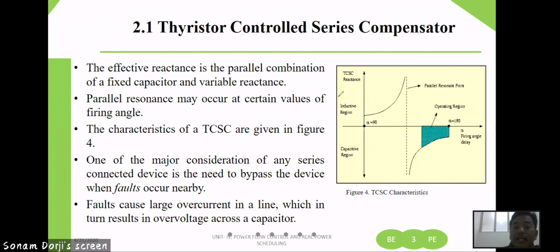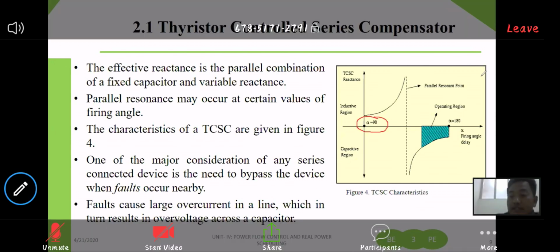When we talk about the thyristor controlled series capacitor, it has a capacitance and then an inductance. In such a case, if you keep on changing the firing angle alpha of a thyristor, then it will reach one condition where there will be a parallel resonant point.